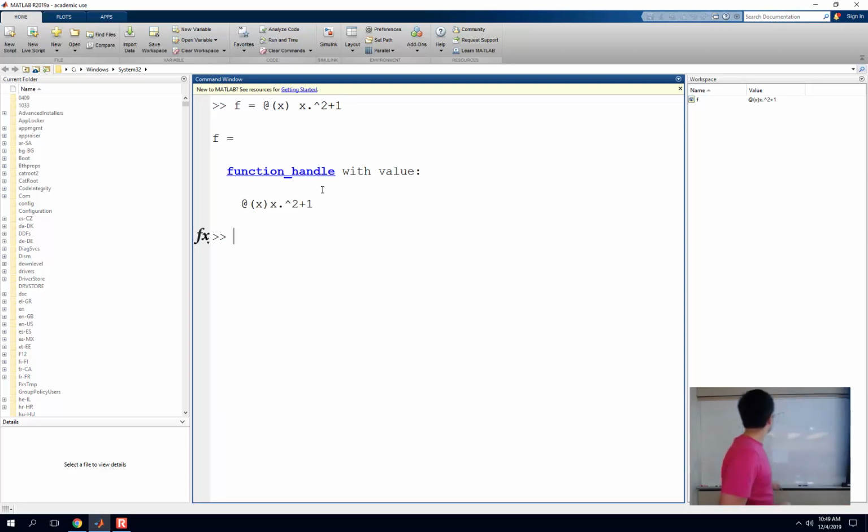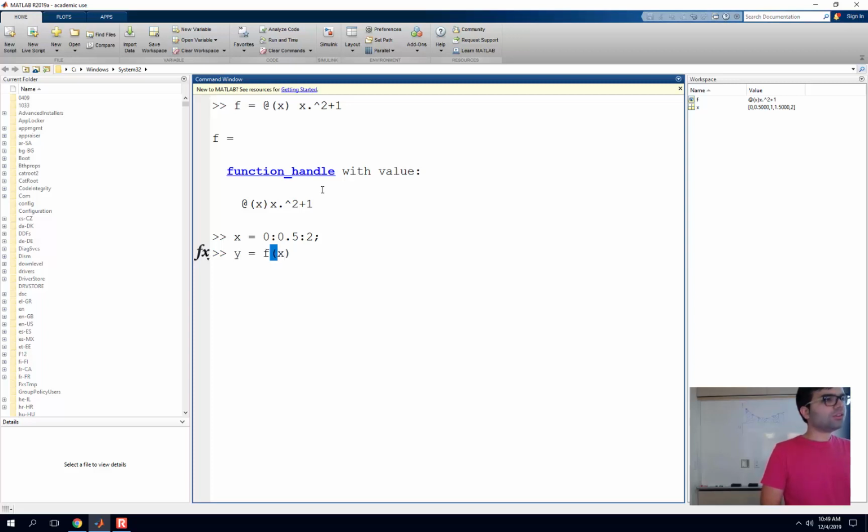Now what I want to do is evaluate some points on this curve and then imagine that I didn't have a curve in the first place. So my x was between 0 and 2 previously. Remember? I go from 0 with a step size of 0.5 to 2. That's my x values. And then my y values is f of those x values.